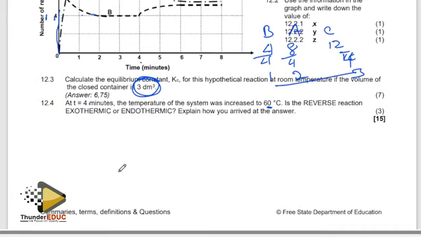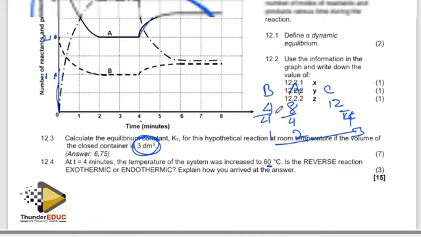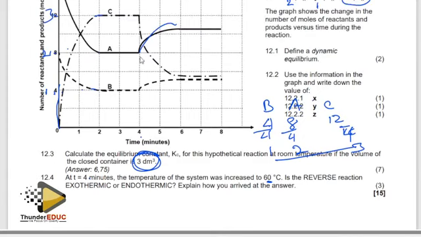So it means that it is an endothermic reaction, because the temperature of the system was increased, and is the reverse reaction endothermic or exothermic? You understand? So at first it was going like this, normally. When you increase the temperature to 60, it reversed.